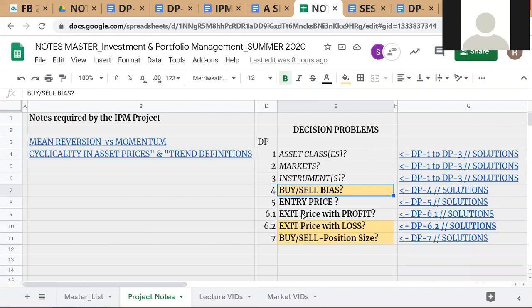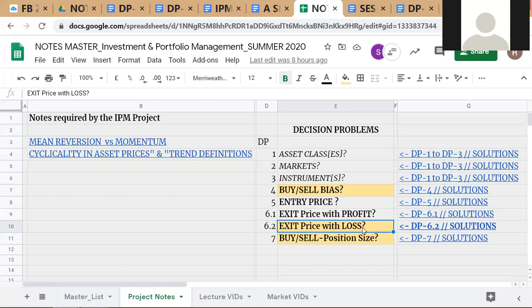So that next problem, one of the other important problems that we have to deal with, is the 6.2, which, as I told you, is not an impression that you will get from reading academic research. But if you think about all the decision problems, this is actually the most important decision problem: where you exit, especially with a loss.